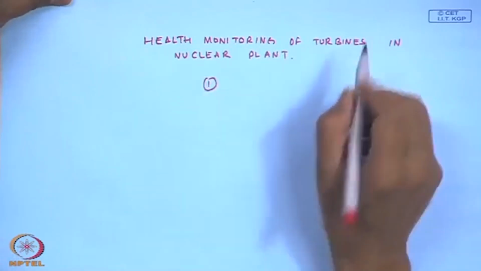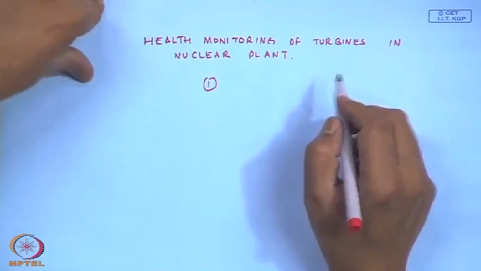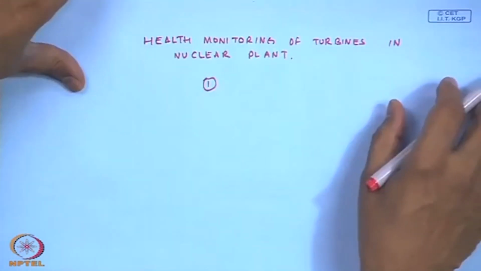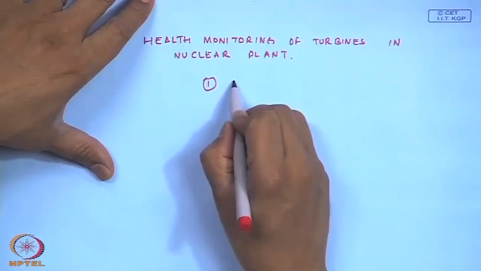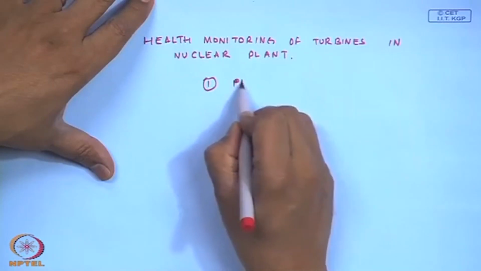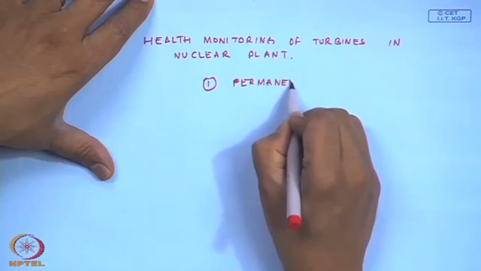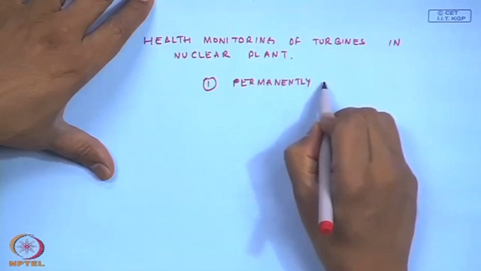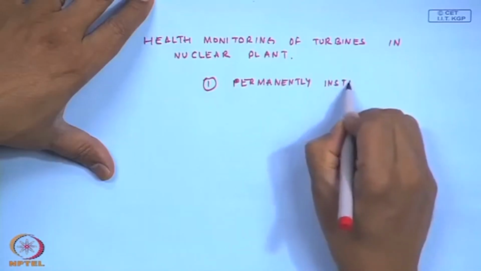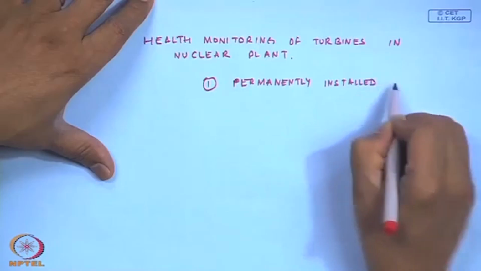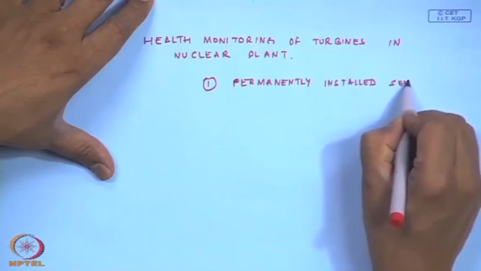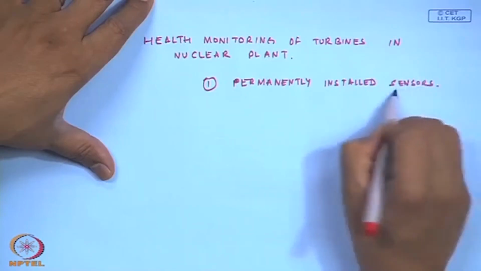First of all, because of high radioactivity, we are not allowed to go inside the plant. So, there are permanently installed sensors.